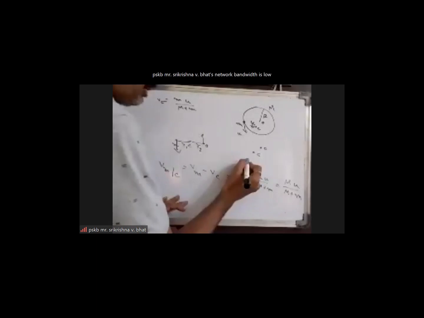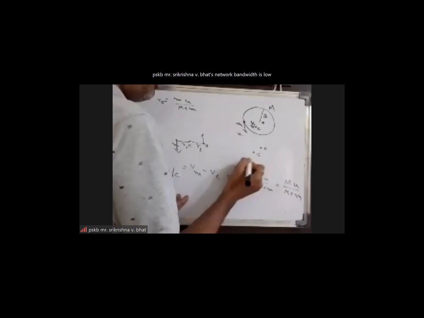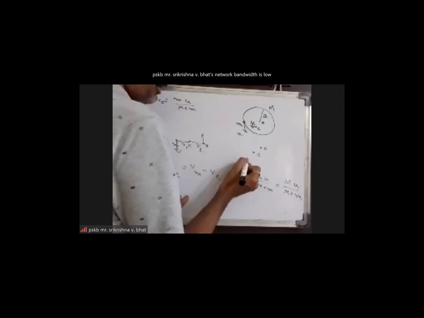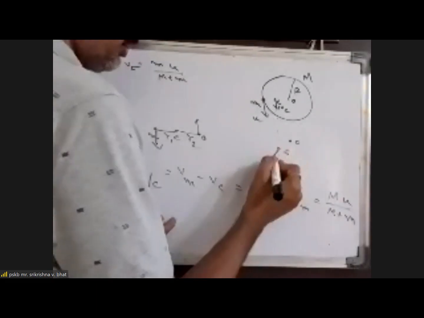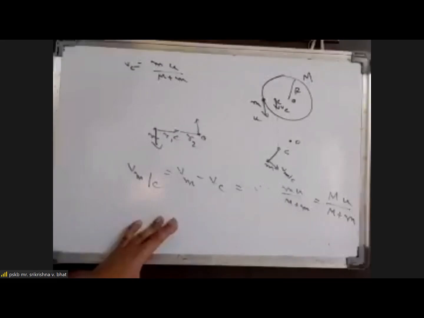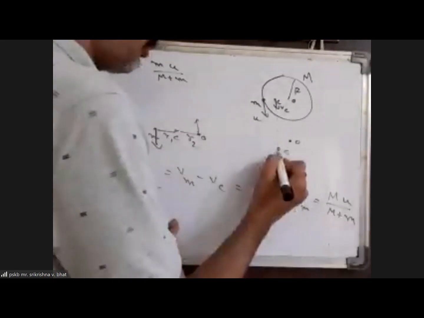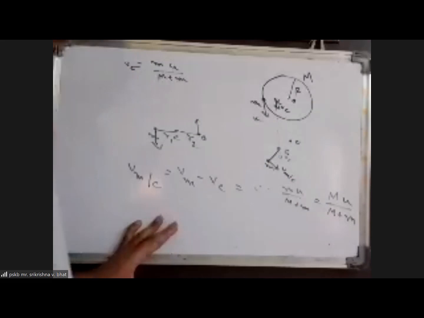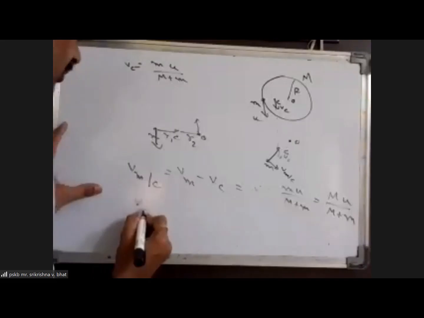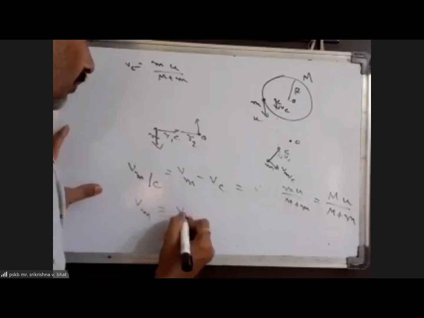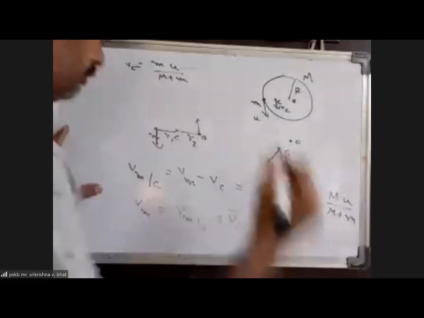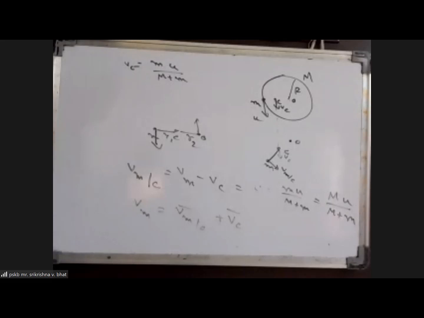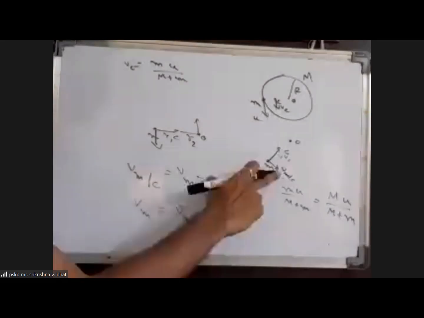If the bead is here, the velocity of the bead with respect to the center of mass will be directed like this, perpendicular to this line OA, and the velocity of the center of mass is directed downwards. So at any point of time, the velocity of m with respect to ground should be the velocity of m with respect to the center of mass plus the velocity of the center of mass. I'll have to take the vector addition of these.